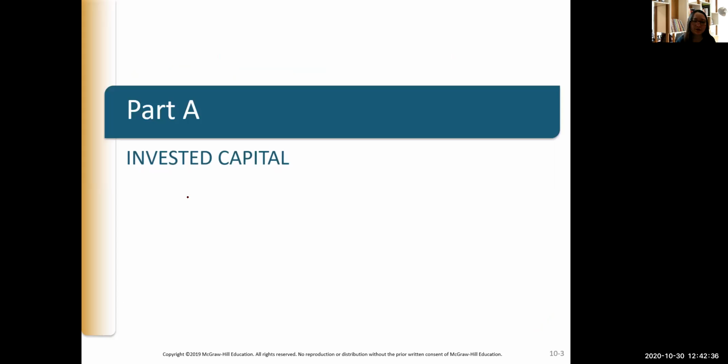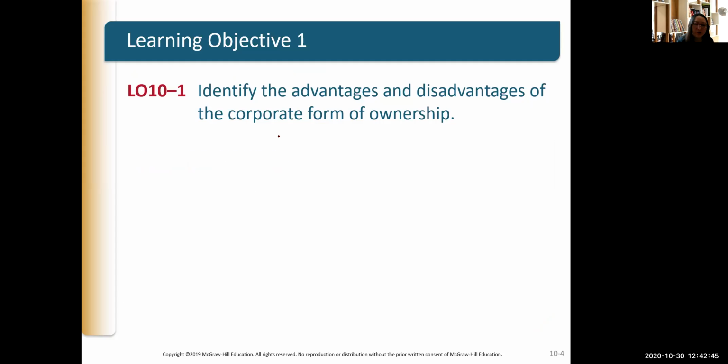So the first part we want to talk about is invested capital. We want to identify the advantages and disadvantages of the corporate form of ownership. As you remember from the first chapter, there are a lot of different forms of investment.